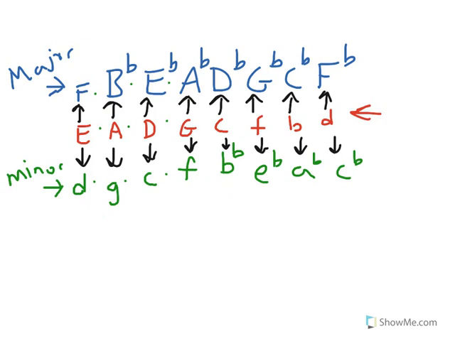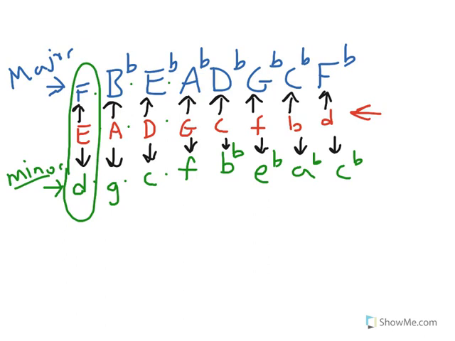Okay, so if I'm looking at the key of D minor, I'm looking at my minor list over here. This is the minor row. D minor has one flat, just like the key of F major has one flat. So this whole row, either F major or D minor, has one flat.